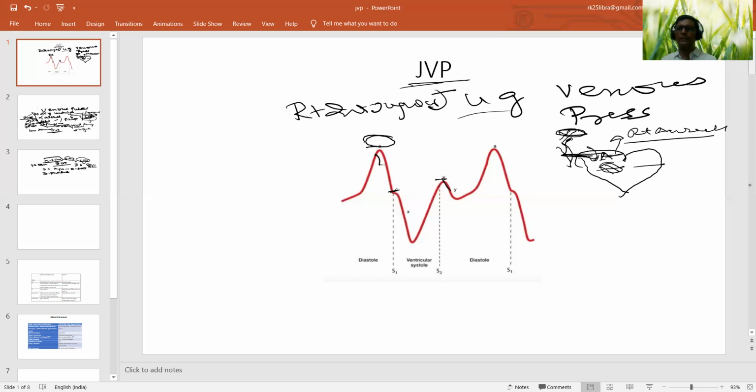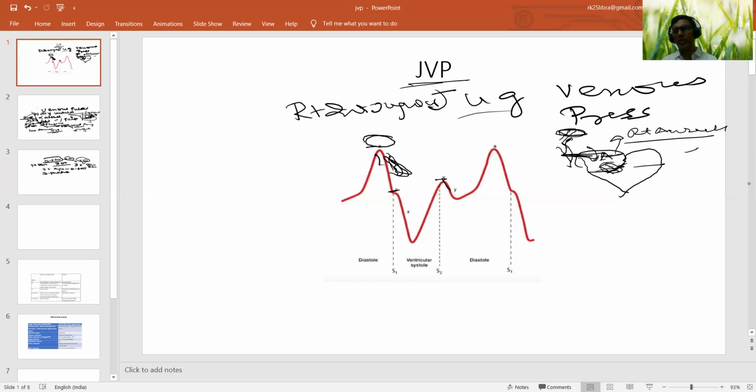Now, as these auricles are contracting, what happens about these valves? There will be a phase when this auricle will start to relax. Then when the auricles relax, you have this first descent, where you see the auricle having relaxed.